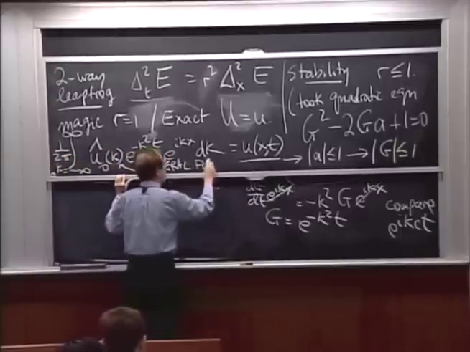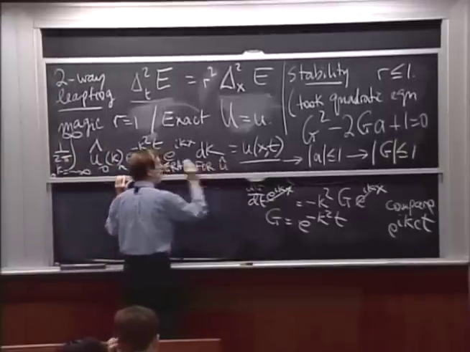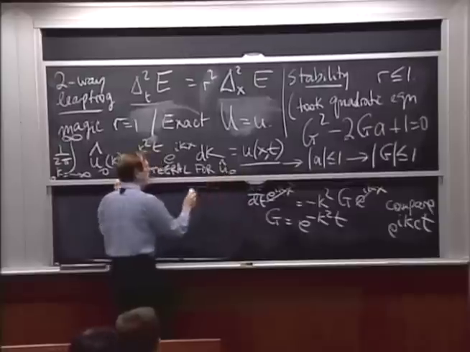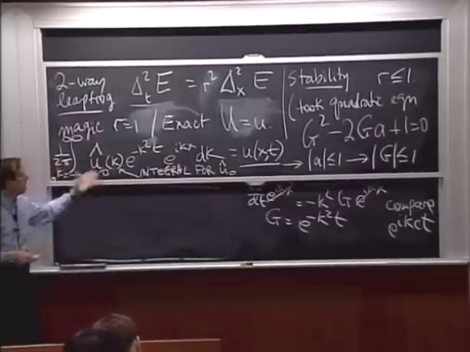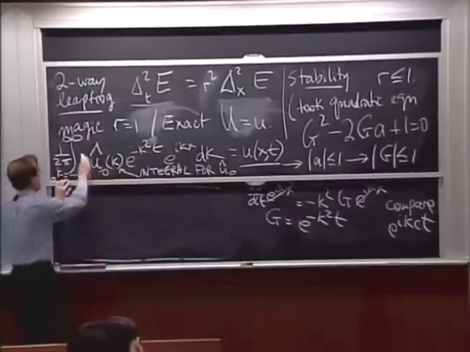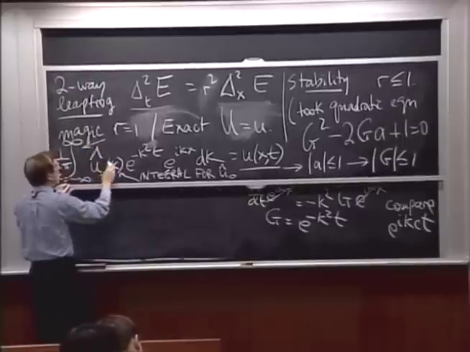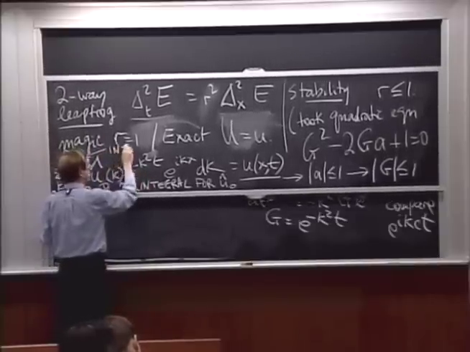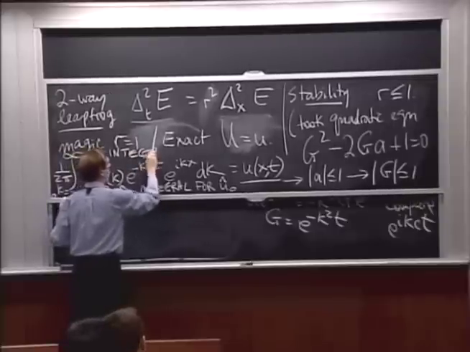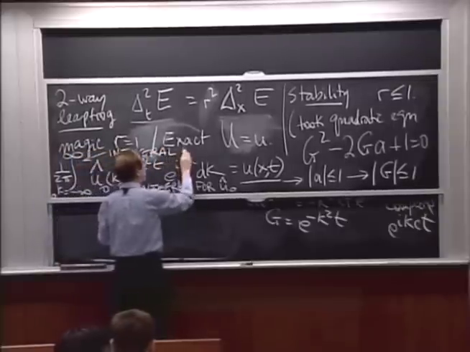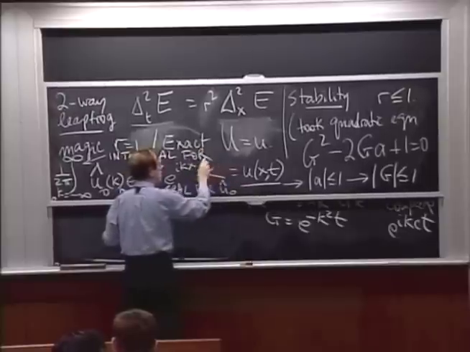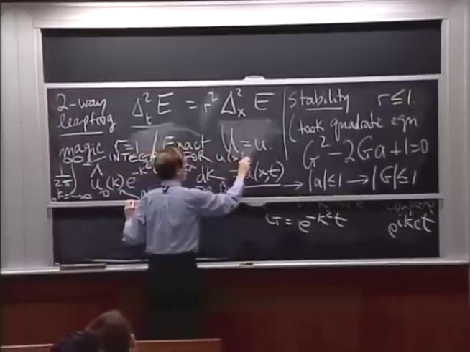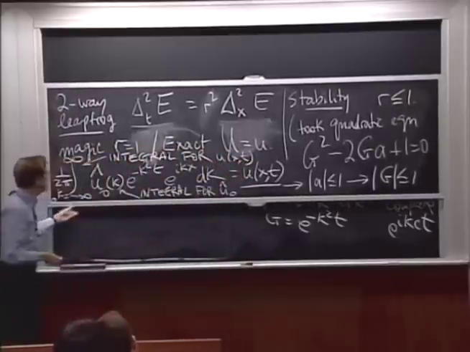To find u hat for u naught, we would have to use this formula, we'd have to find this transform, and then we have to do this integral for the inverse transform, this integral for the answer, u. Two infinite integrals.